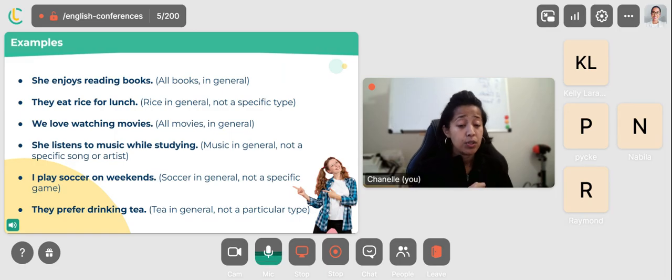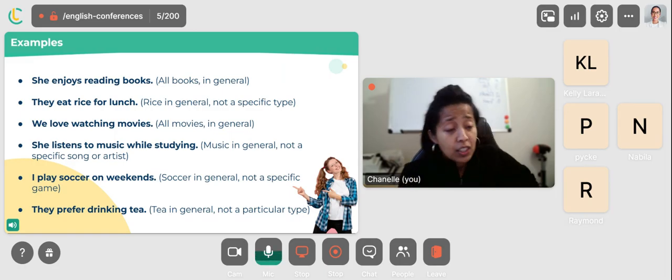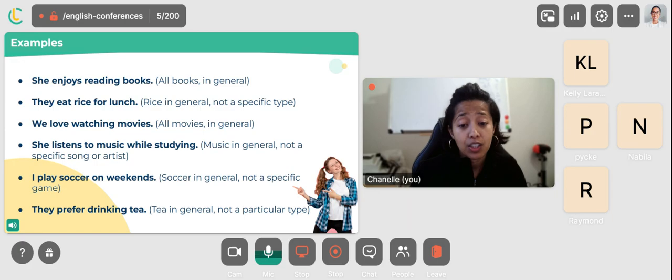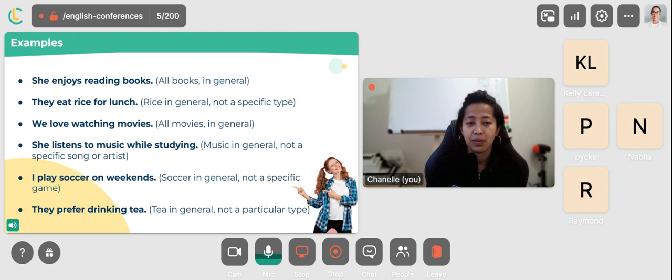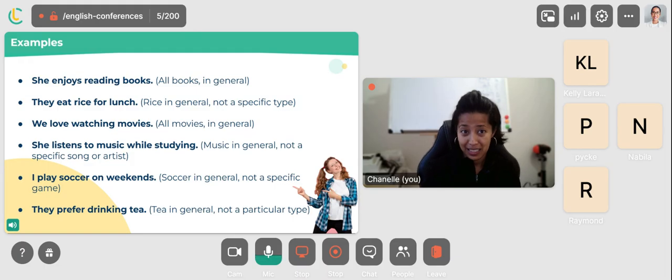She listens to music while studying. So she listens to music in general, not a specific song and not a specific artist. I play soccer on weekends, soccer in general, and not a specific game. They prefer drinking tea. It is tea in general. It is not a particular type of tea.